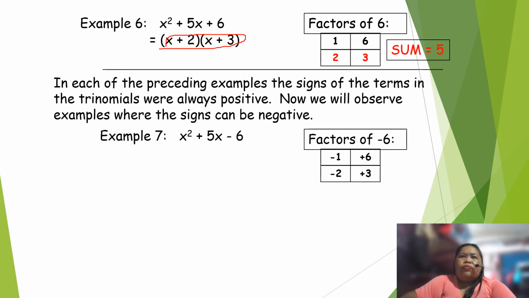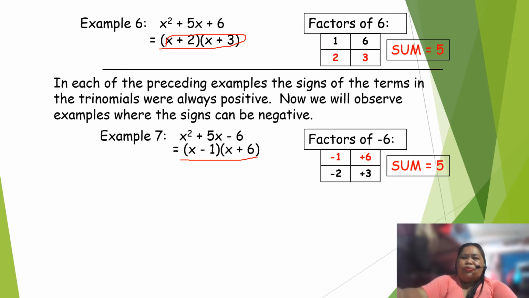So we have negative 1 times positive 6, and negative 2 times positive 3. But their sum must be 5. Therefore, the factors are x minus 1 and x plus 6.